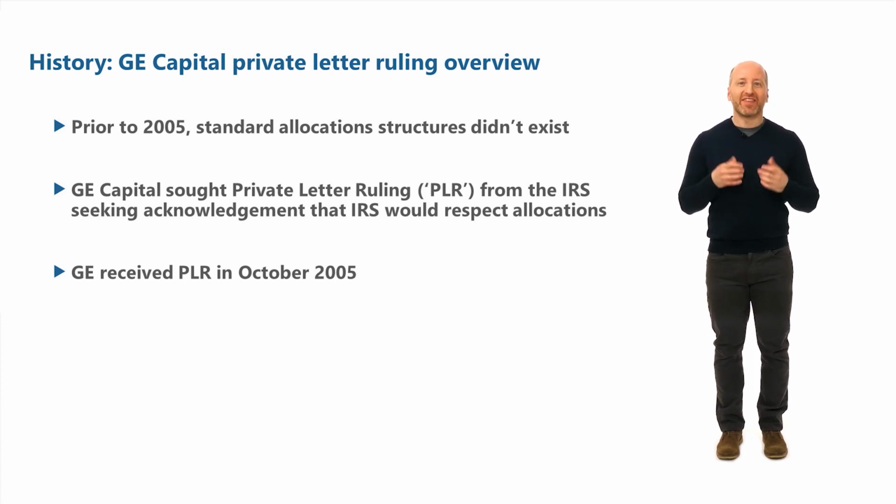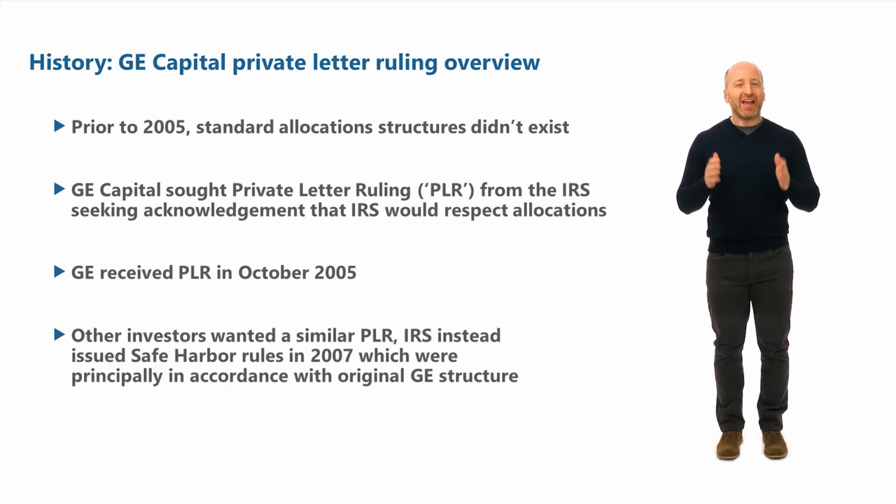And when word got round that GE had received basically the blessing of the IRS, other investors began requesting private letter rulings of their own and initiated Freedom of Information Act requests so they could get sufficient background data to mimic the structure on this GE deal. The IRS actually issued GE a second ruling in November of 2005, but the IRS refused all subsequent requests for private letter rulings blessing tax equity partnership transactions, and instead they ultimately issued safe harbor rules in 2007, and those safe harbor rules were principally in accordance with the original structure that GE had proposed.